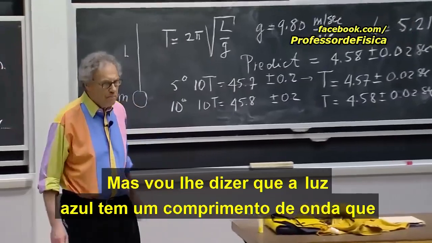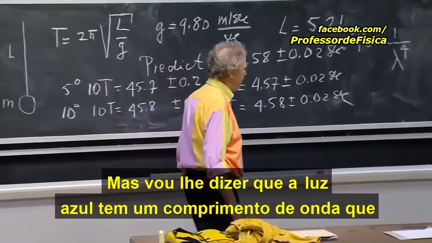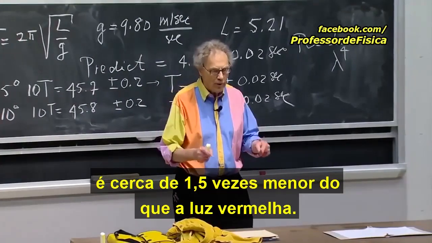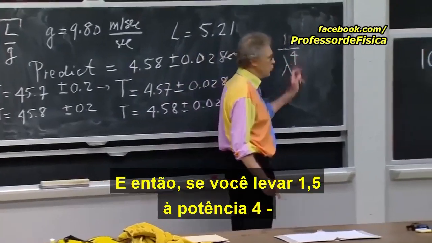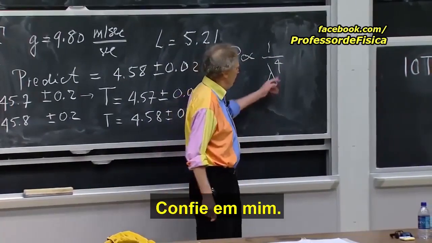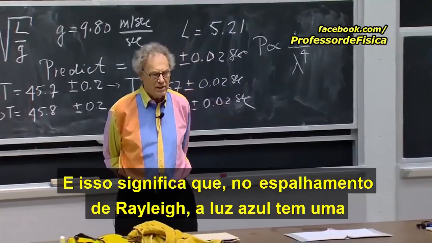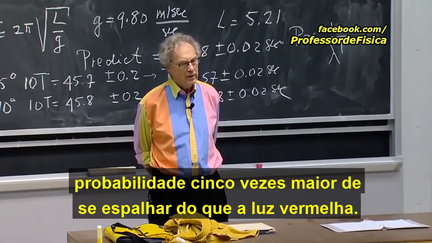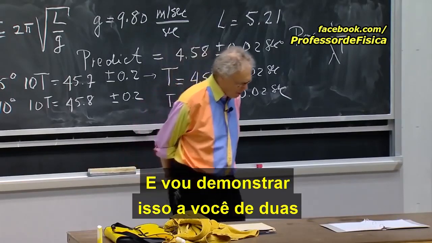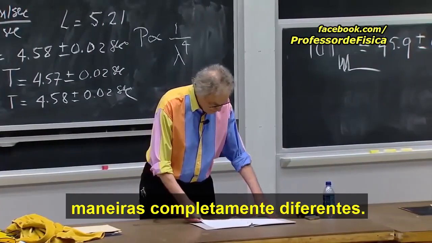But I will tell you that blue light has a wavelength which is about 1.5 times lower than red light. And so if you take 1.5 to the power 4, you get 5. And that means in Rayleigh scattering, blue light has a 5 times higher probability to scatter than red light. And I'm going to demonstrate that to you in two completely different ways.